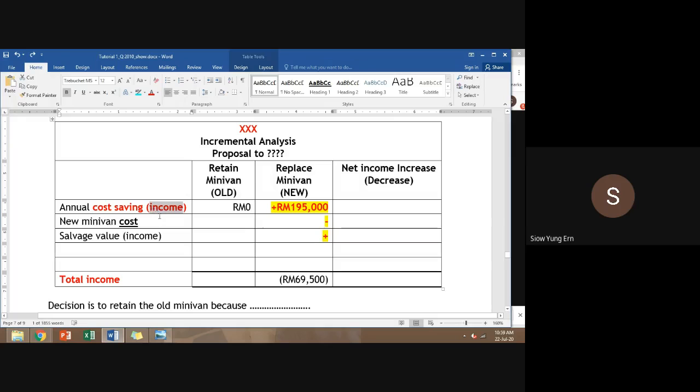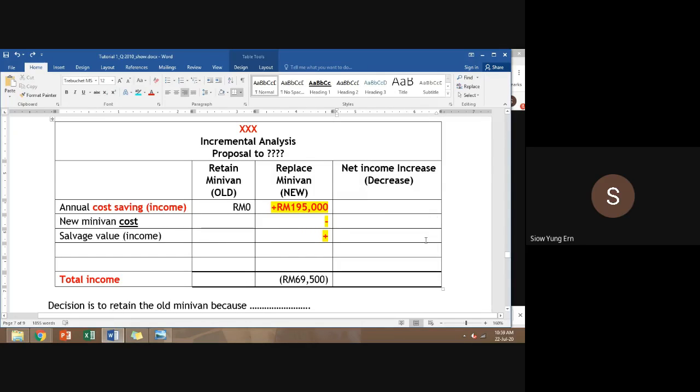Cost saving is an income. So income increases from 0 to 195. Correct. So it is positive because income increases, net income also increases. So positive 195.